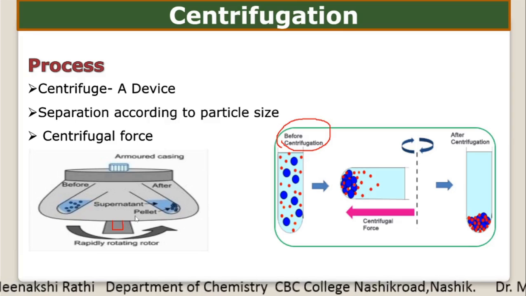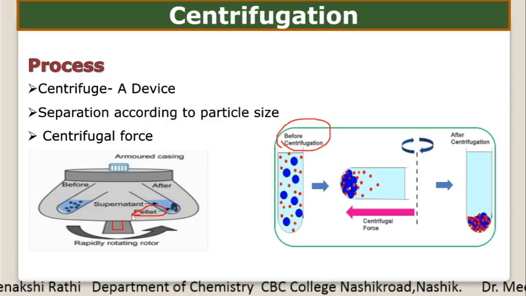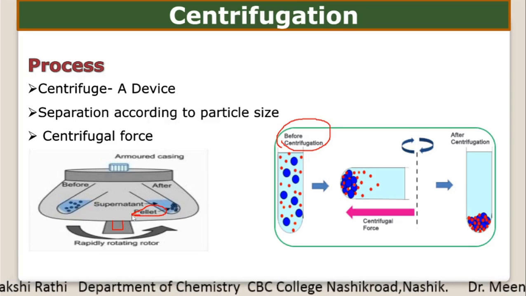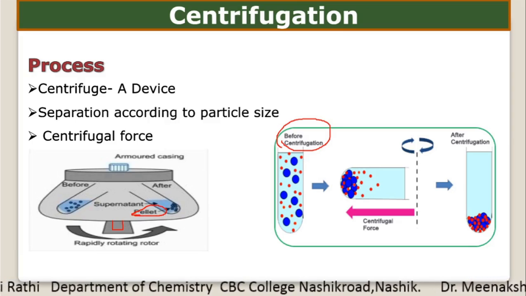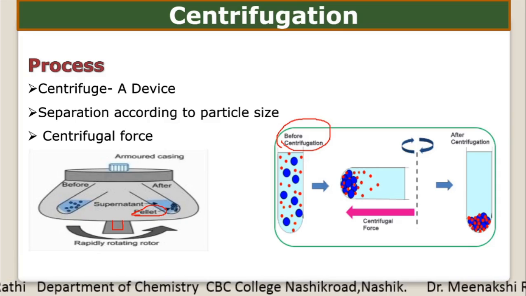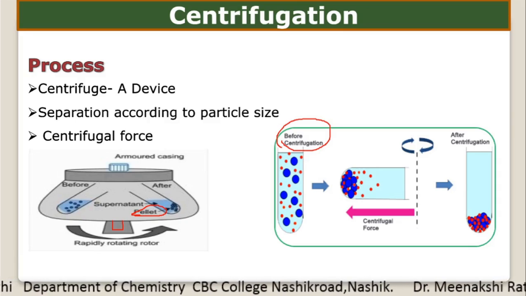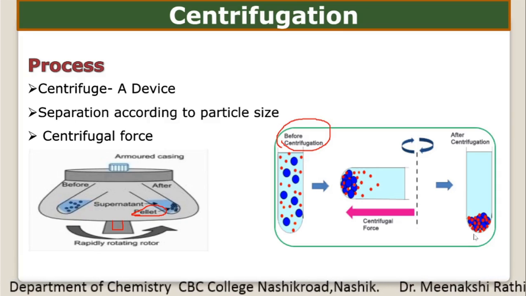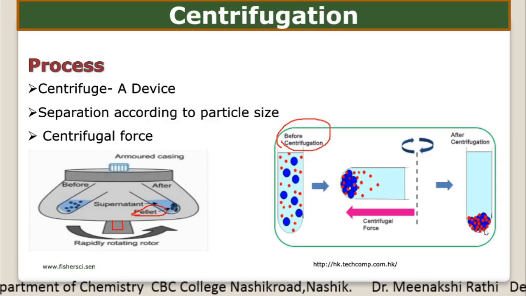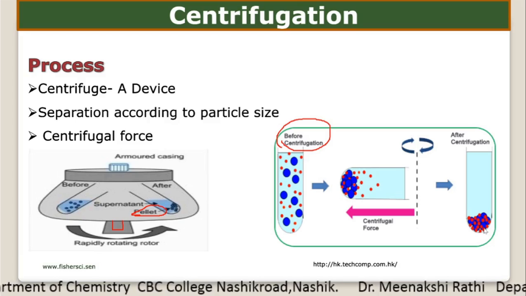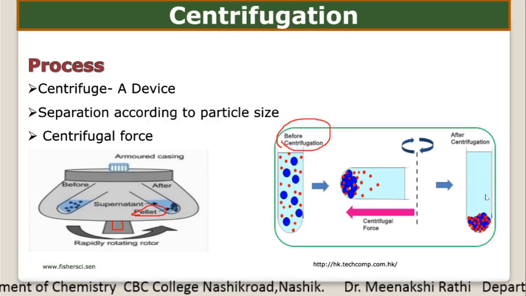They get converted into pellets, meaning they start to collect together, and when they start collecting together, ultimately they become heavy, and when they become heavy they get settled down, and in this way easily these molecules get separated from the liquid.